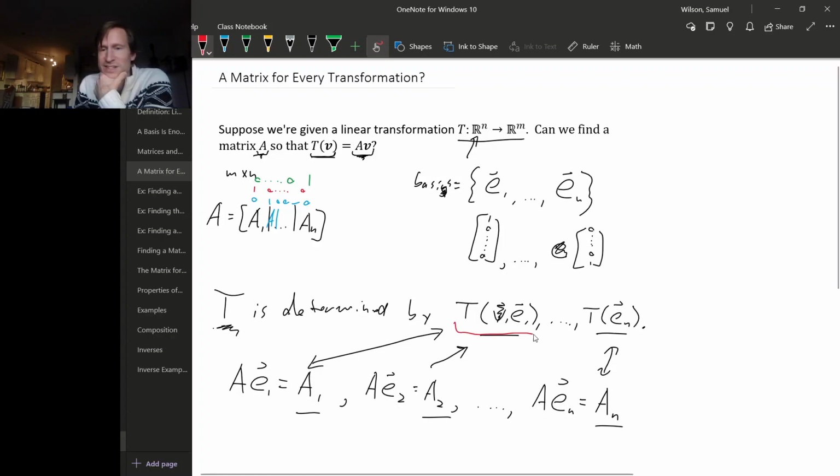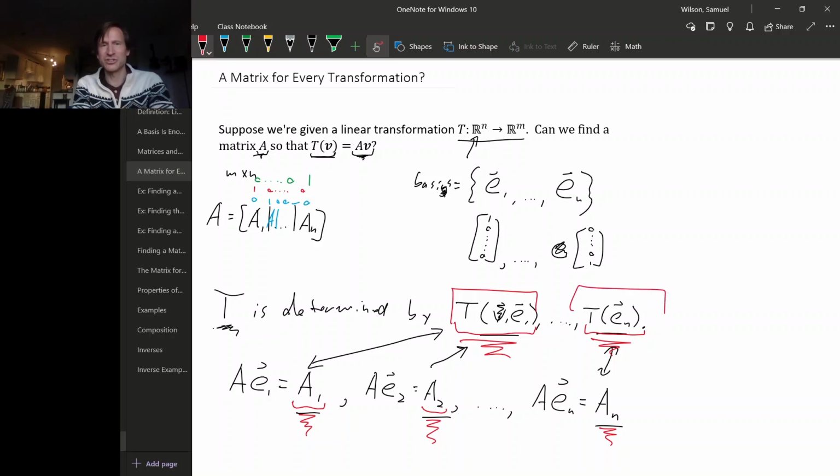These, T applied to E1 up to T applied to En, are the outputs that the linear transformation actually produces. So these are what we want. These are what we would get from multiplication by A. So we should just insist that these columns are these vectors. And that should do the job.